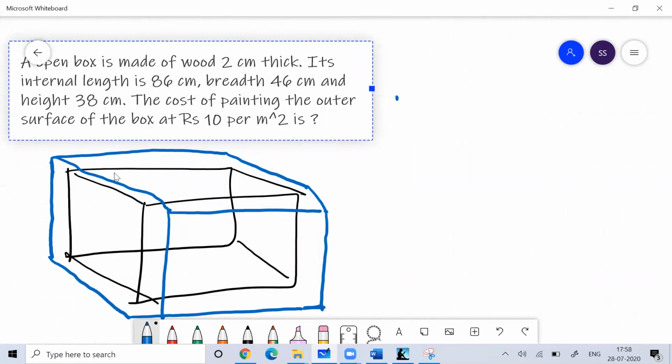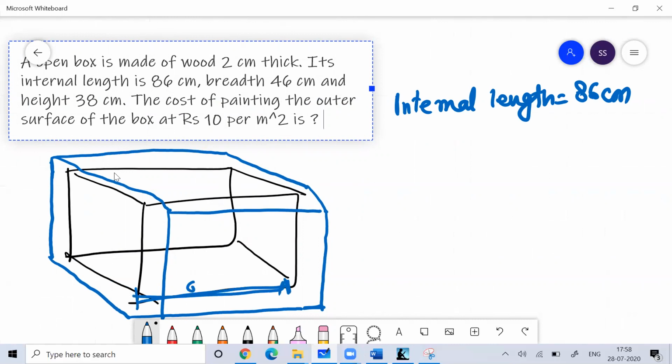Now the internal length is 86 centimeter. You can understand this length is 86. Because it is basically an empty box and it is 2 centimeter thick, that 2 centimeter thickness would be on both edges. So both sides that 2 centimeter would be extended.